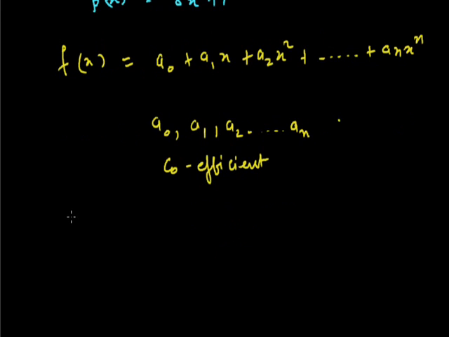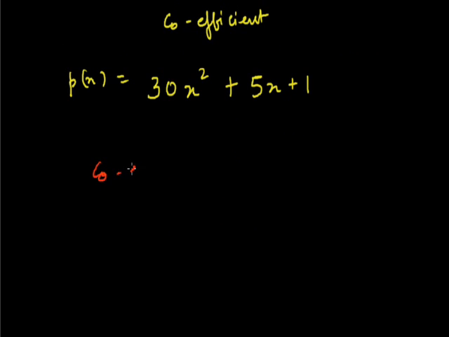If we are given a polynomial p(x), where p(x) equals 30x square plus 5x plus 1, then the coefficient of x square is 30, coefficient of x is 5.